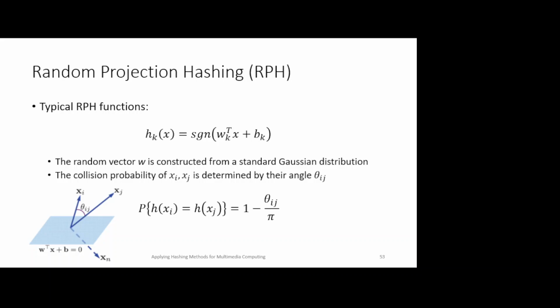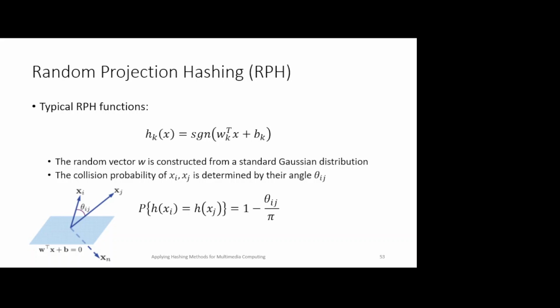Here is the example. You see xi and xj, and the angle between them is denoted as theta ij. If they are very close, theta ij will be small, right? And their inner product will be large. It's a general characteristic between xi and xj.